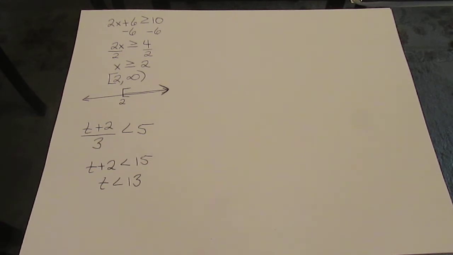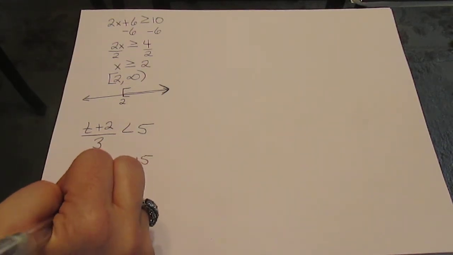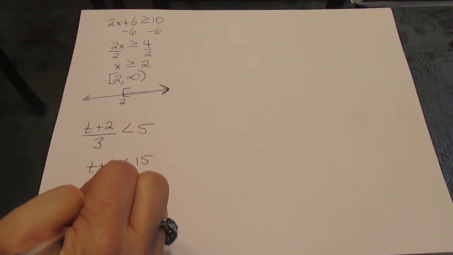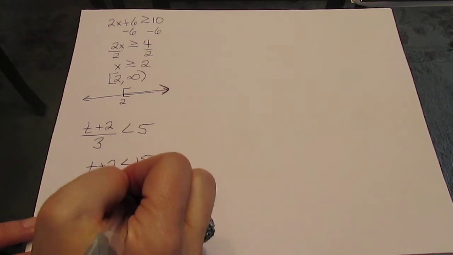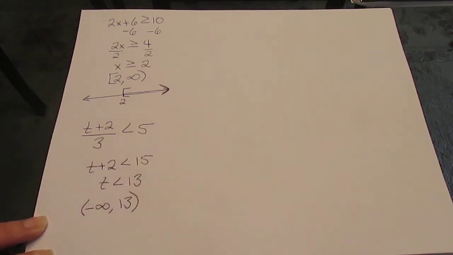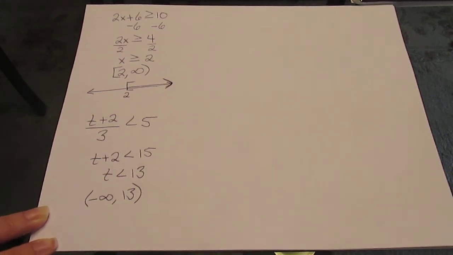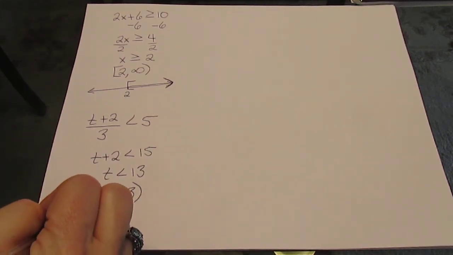Again, read what you've got. You've got t is less than 13. So we want everything that's smaller than 13. So we need to start with negative infinity and go to 13. No equal sign this time, so the 13 is not included. We'll put a parenthesis. And then we'll go ahead and graph the inequality.